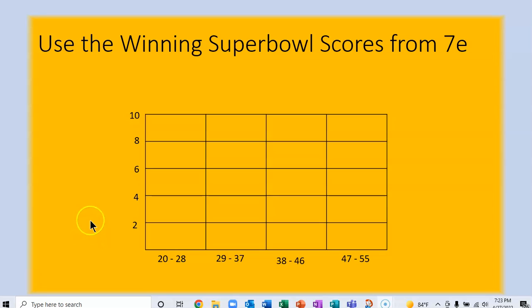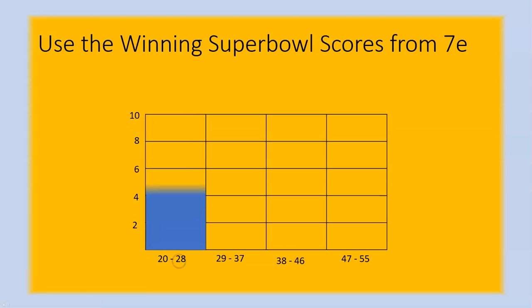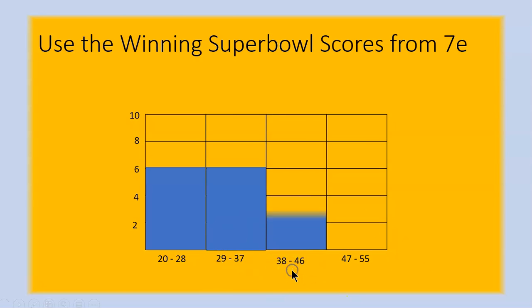And looking at our frequency table, for the interval of 20 through 28, we have 6 winning Super Bowl scores. For the interval 29 through 37, we have 6 winning Super Bowl scores. For the interval 38 through 46, that's 5.